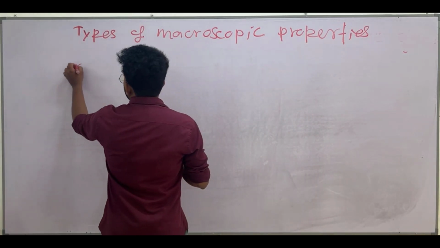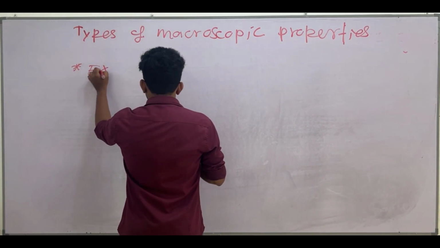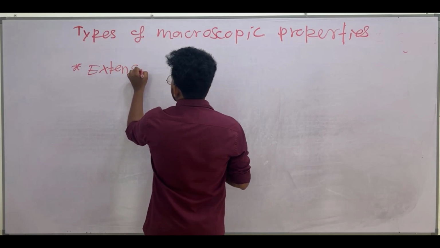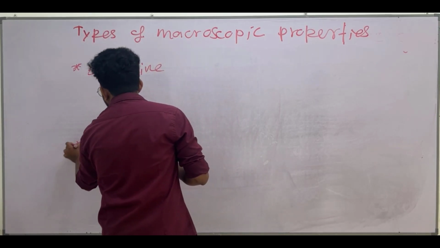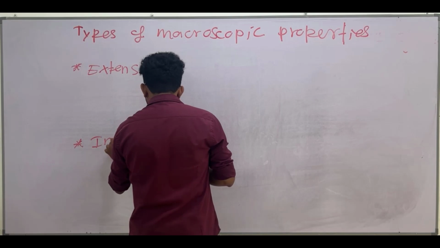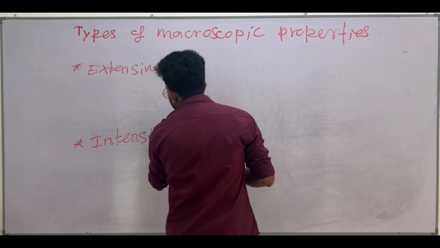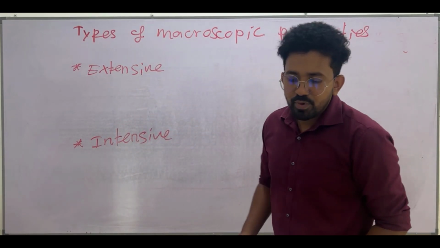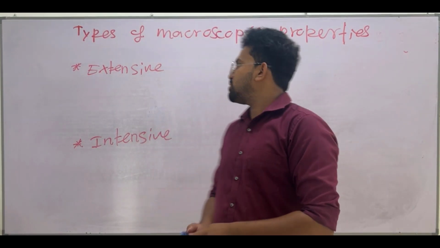There are two types of macroscopic property. One is extensive property. The other one is intensive property. Extensive properties and intensive properties.